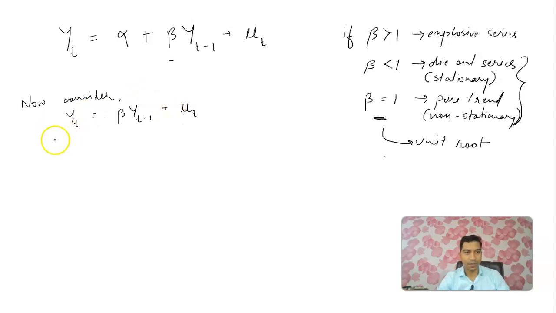Now subtract y_(t-1) from both sides, a mathematical manipulation.